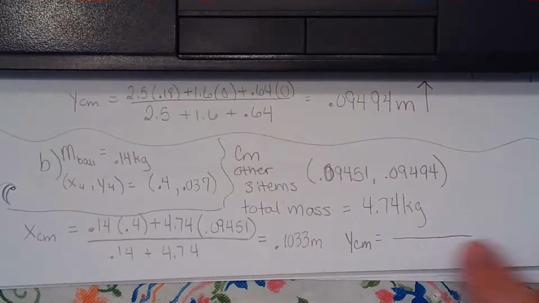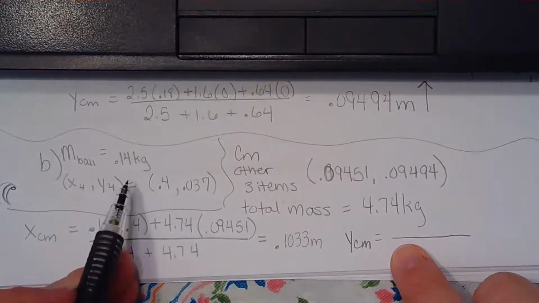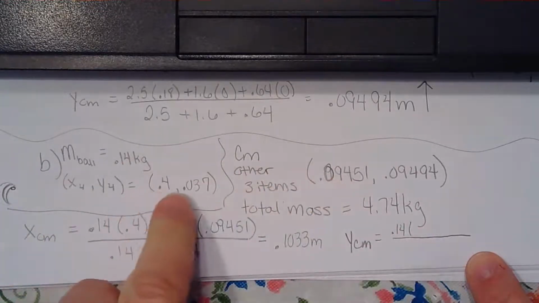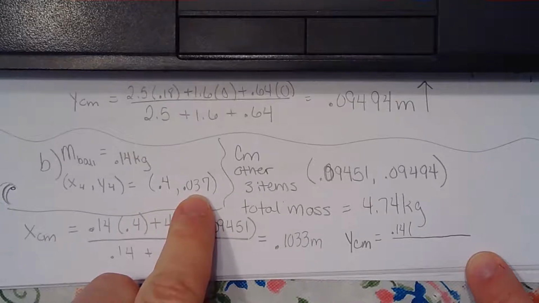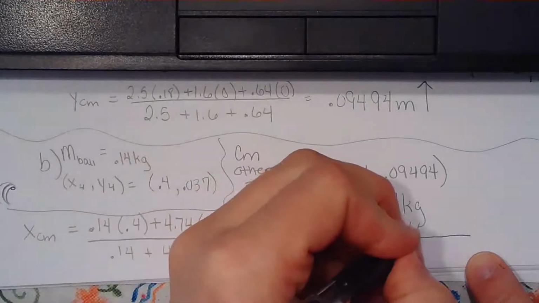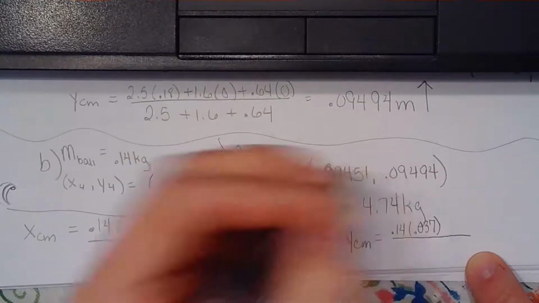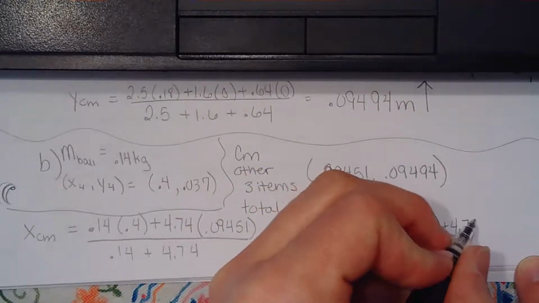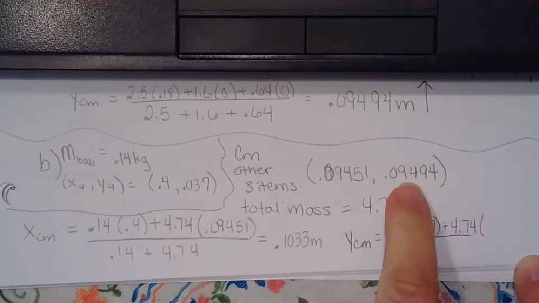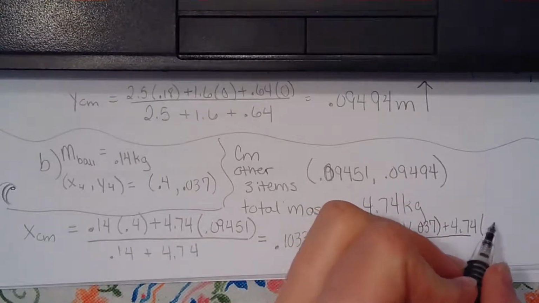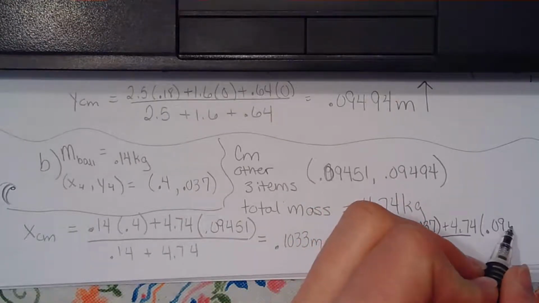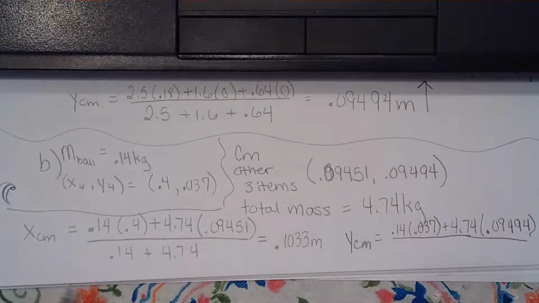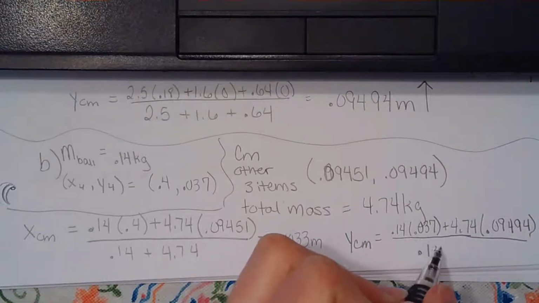Okay, for the y, we're going to do this mass, 0.14, times this y value, 0.037, plus this mass, 4.74, times this y value, 0.09494, divided by the two masses added up.